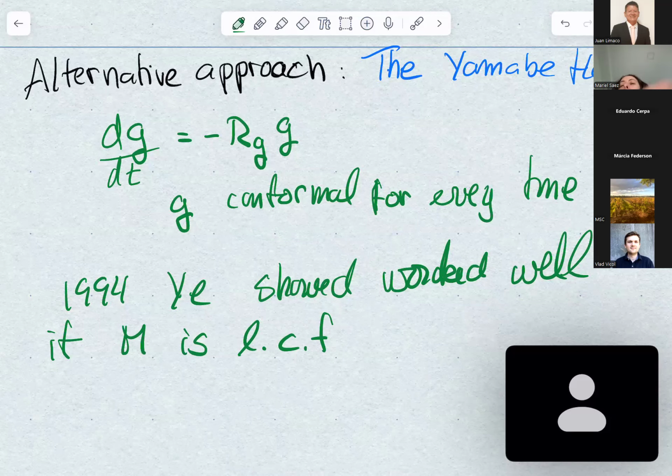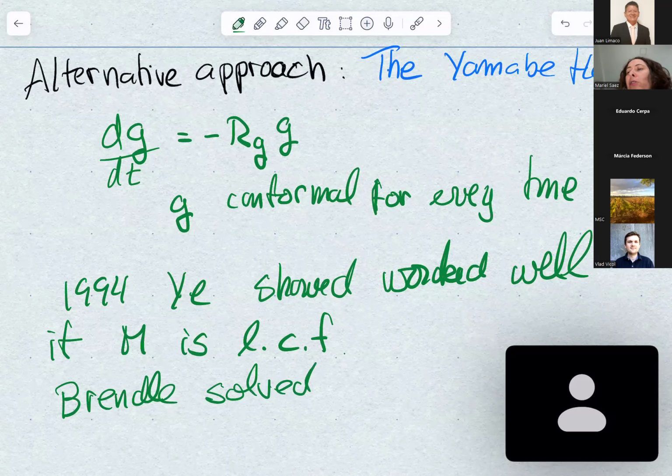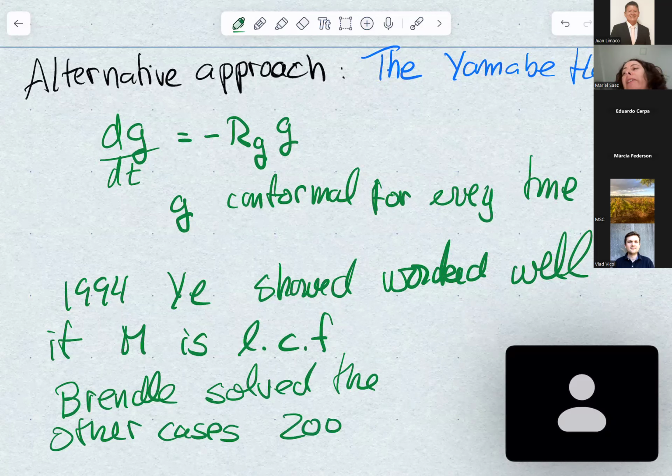And actually, many years later, Simon Brendle found a solution in the other cases, I think in 2007, so like 20 years later. So it turned out that the Yamabe flow was more difficult in the cases where the other approach was easier, and easier in the difficult case.